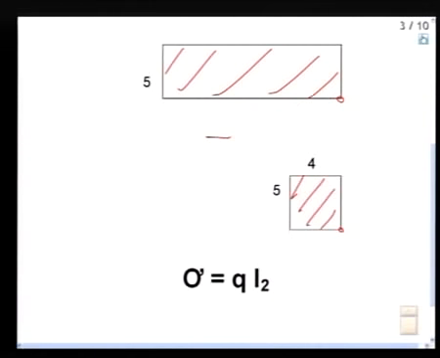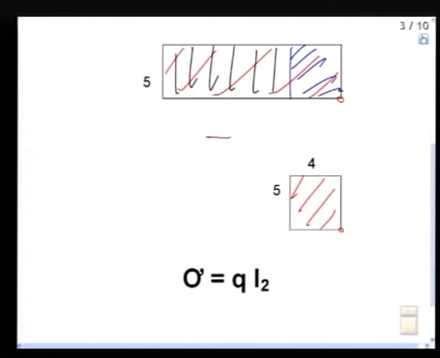Okay? So the stress at point A due to the black rectangle is the stress from the red one minus the stress from the blue one.